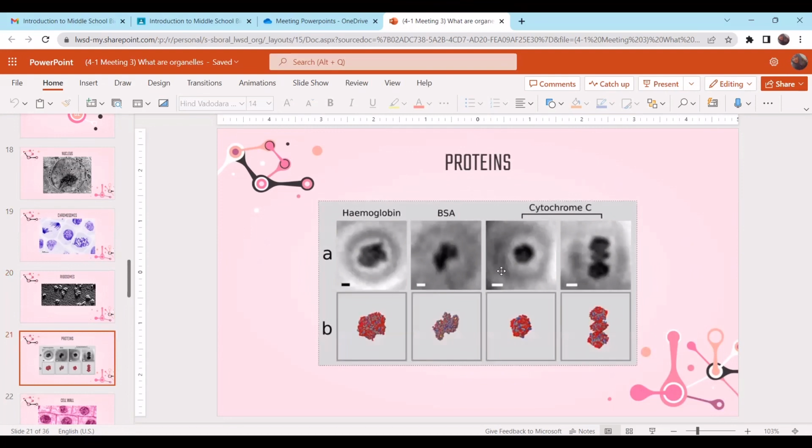Okay, proteins. This is one of the first pictures we have of official proteins. I don't know what these proteins are for, but the first one is hemoglobin, which you should probably know. Hemoglobin is found in red blood cells, and red blood cells are responsible for gas exchange.